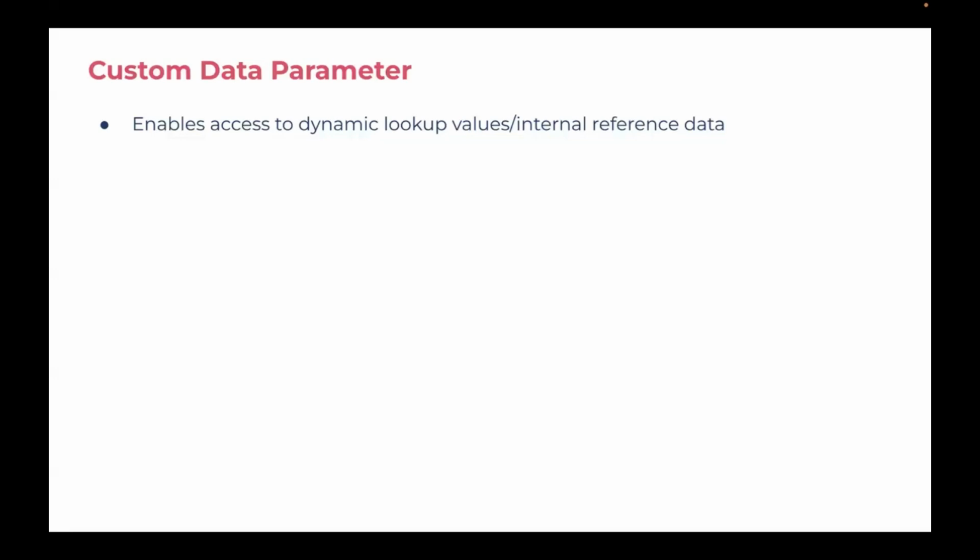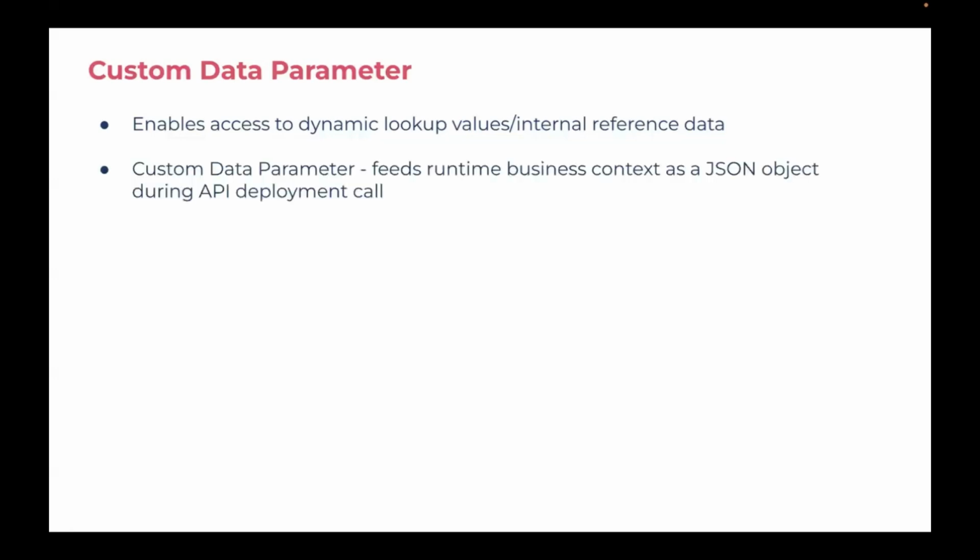To access these values is exactly where we need a custom data parameter. What this does is that it lets you attach any JSON object in your API deployment call, and the data becomes available during the runtime of the prompt as a dynamic input. So we'll take a look at how the prompts actually look.